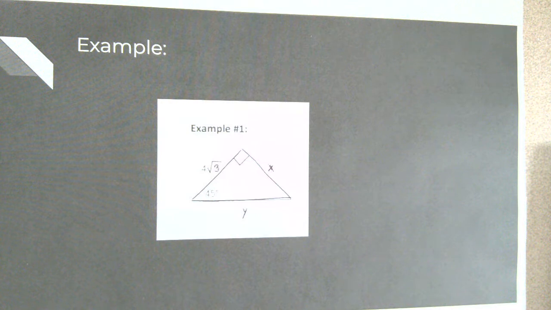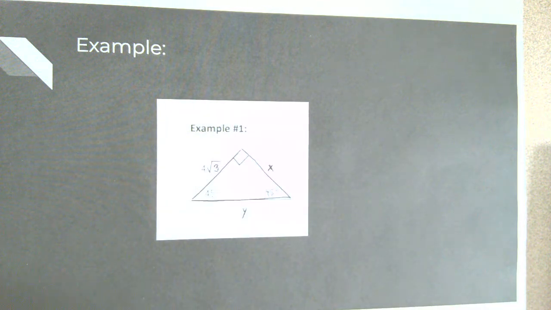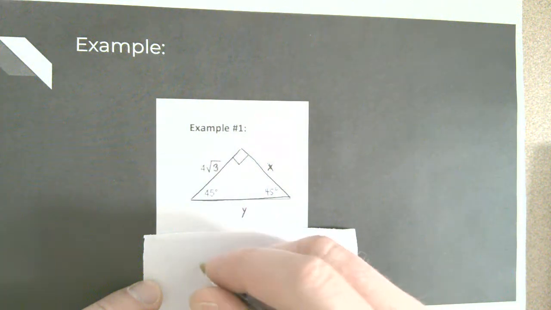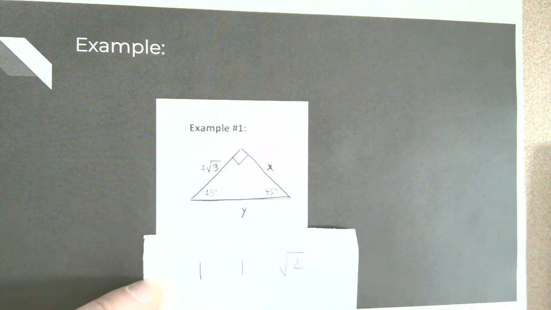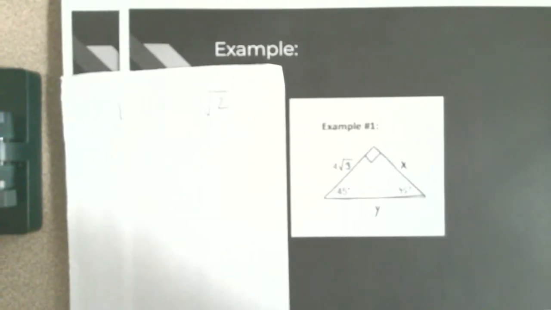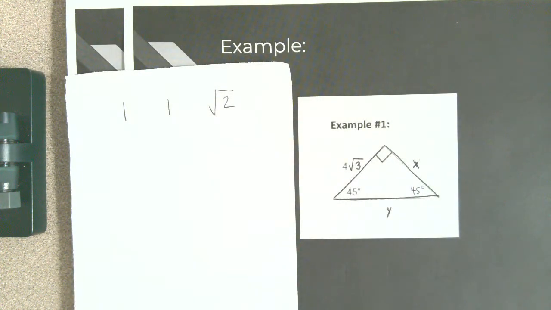In this process, once we recognize that it is a 45, 45, 90 triangle, I suggest that you write down your ratio. From our song, we know our ratio is 1, 1, root of 2. Let's see if I can put it where you can see it a little better. There we go.